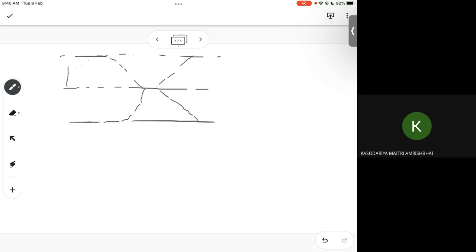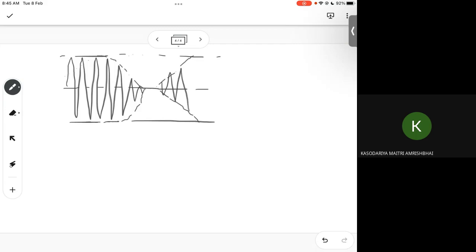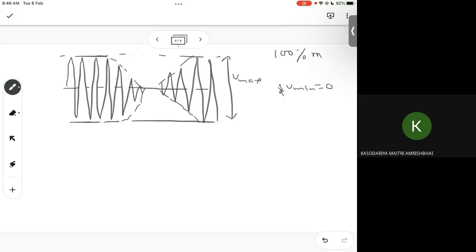So for your 100% modulation, this is the carrier, which is a high frequency carrier. You will see in the oscilloscope something like this. So this becomes your V maximum, which you have seen. And here, this is V minimum, which turns out to be 0. That is for the case of 100% modulation. So here V minimum becomes 0 and the trapezoidal pattern is reduced to a triangular pattern.